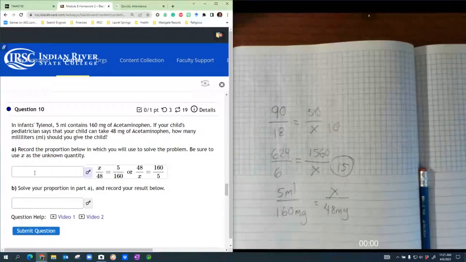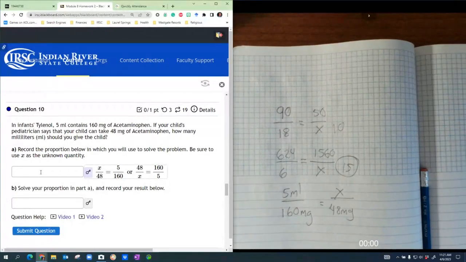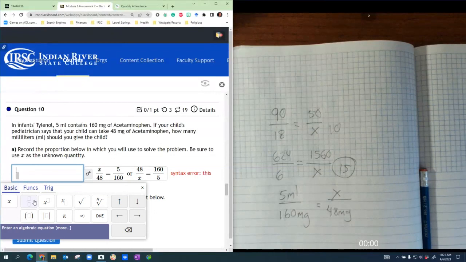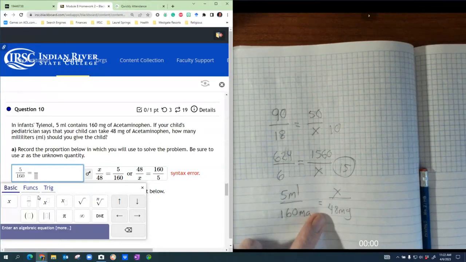So if I was writing that in, I'm going to show you that they'll accept that answer. I'm going to put in 50 over 160, and then set that equal to X over 48.